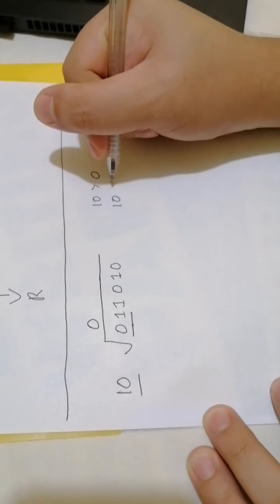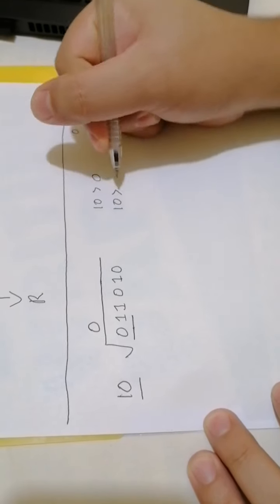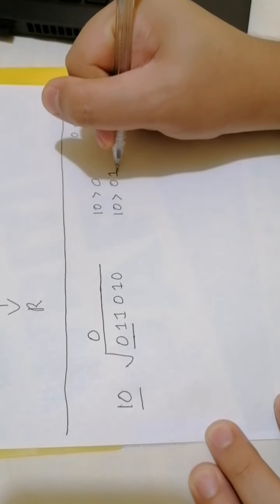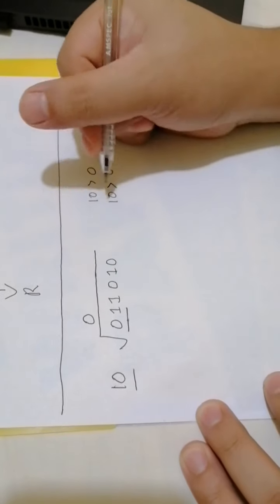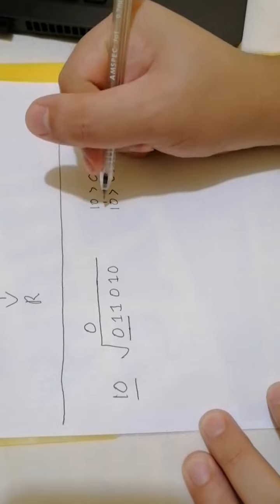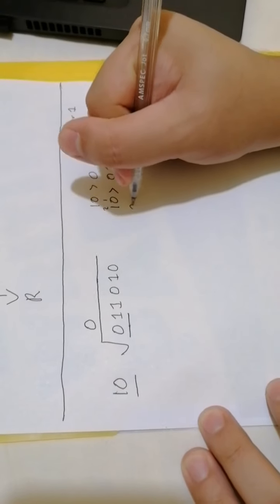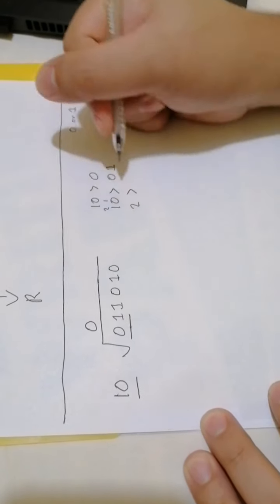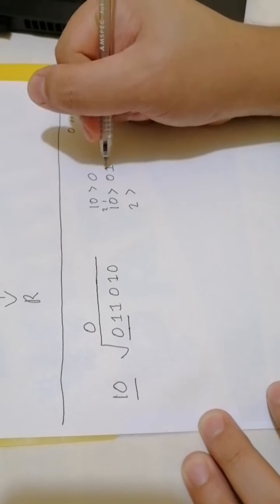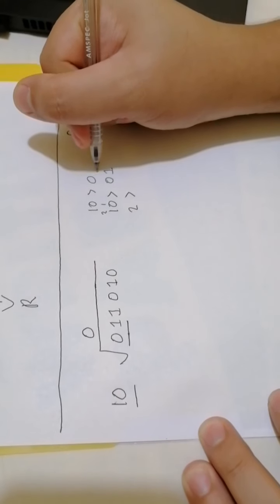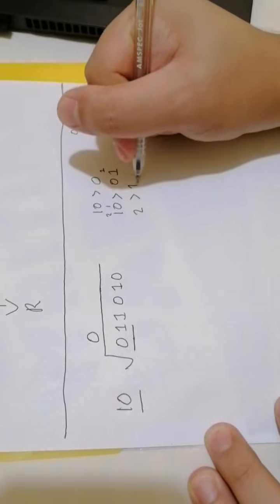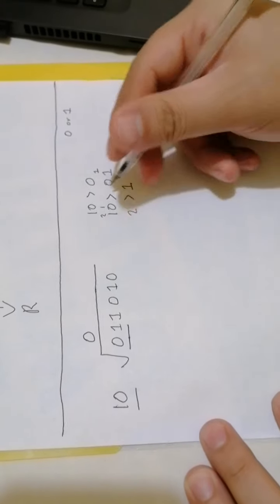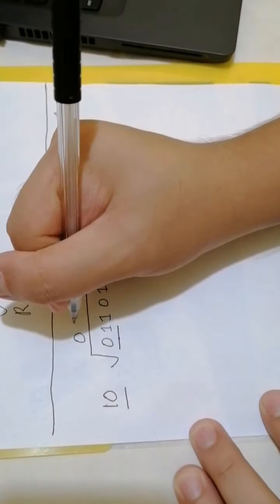Still, 10 is greater than 01, because it has an equivalent of 2, and this has the equivalent of 1. So 2 is greater than 1. So the result is 0.